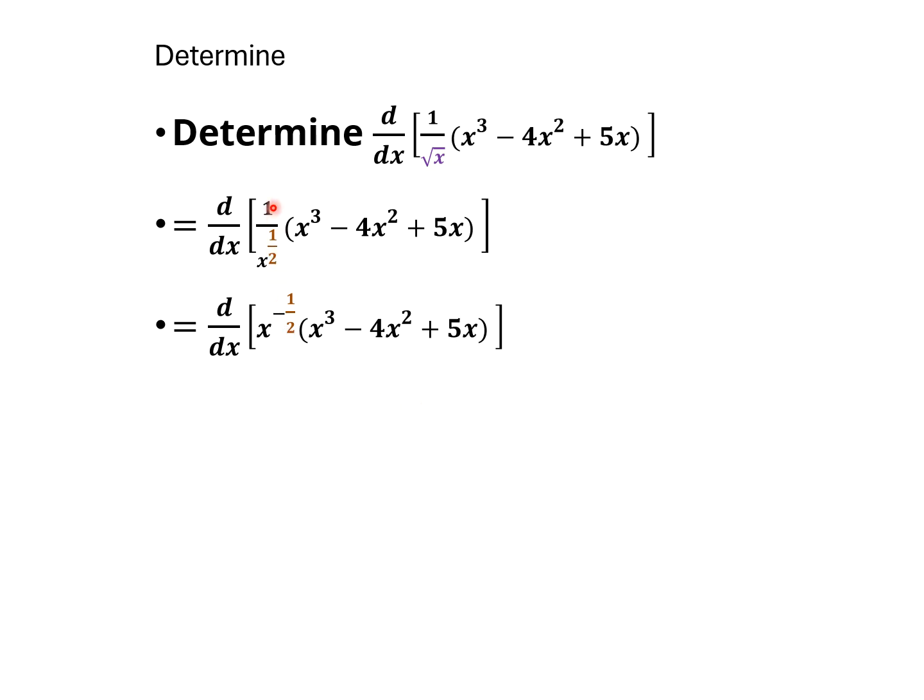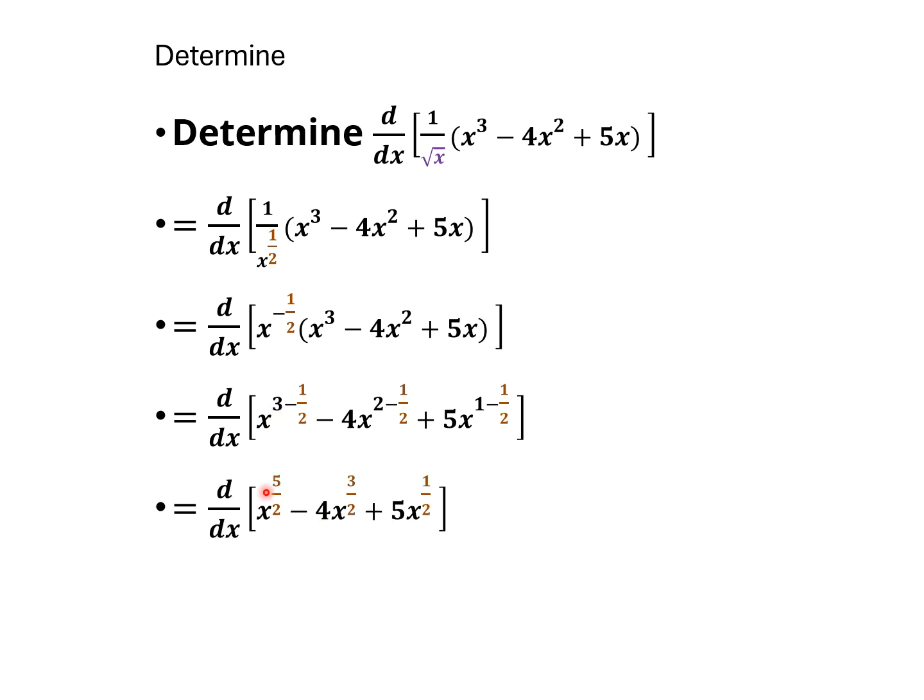We've taken it up, x to the negative half. Now if I multiply and the bases are the same, we do 3 minus half, 2 minus half, and 1 minus half. If we simplify, we get 5 over 2, 3 over 2, and half.